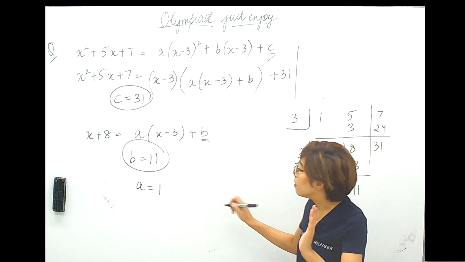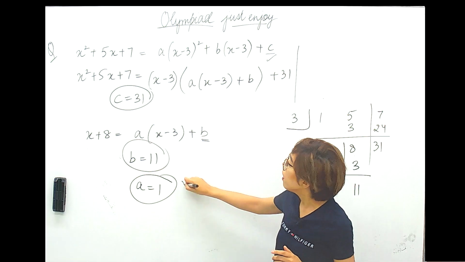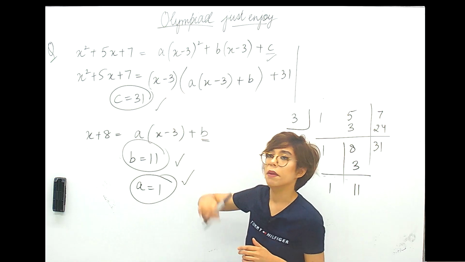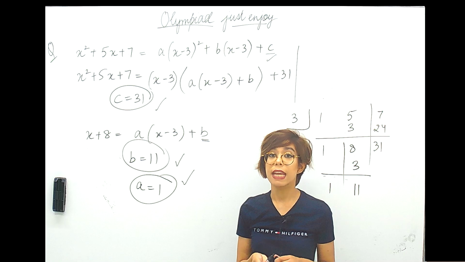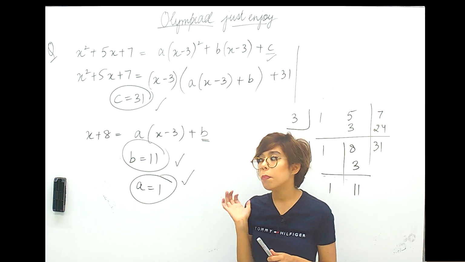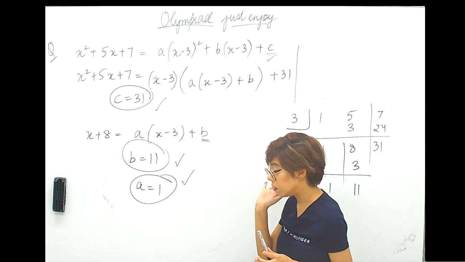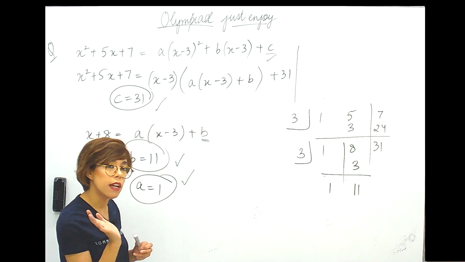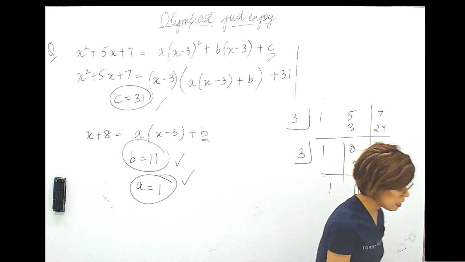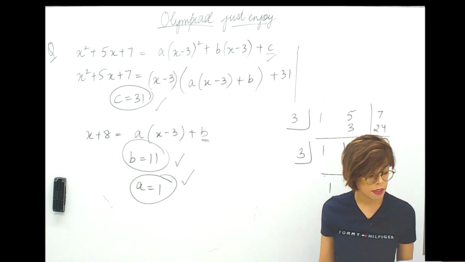So a is 1. So a has come, b has come and c has come. Revise the proof because in the next question you need to apply this. Revise the method.